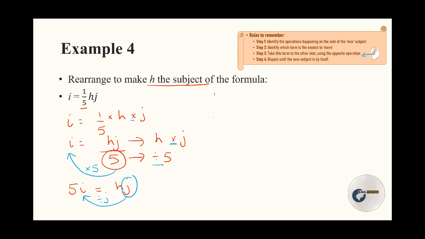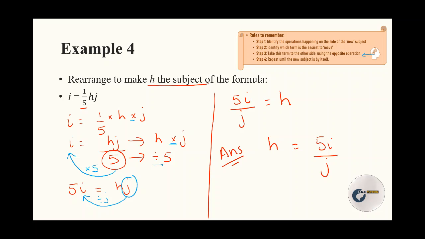So I'm just going to write it up here. So that leaves 5i over j is equal to h. And if I wanted to write it as my answer, just to be clear, I would write h is equal to 5i over j. So I ran through all the steps.